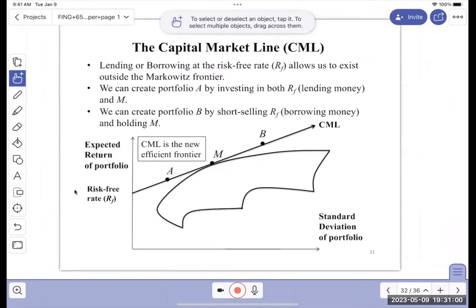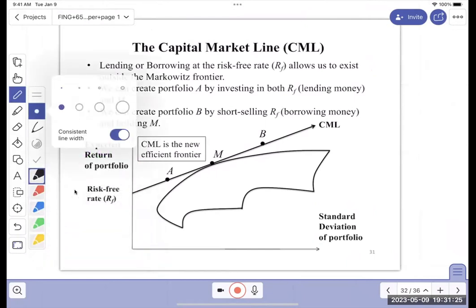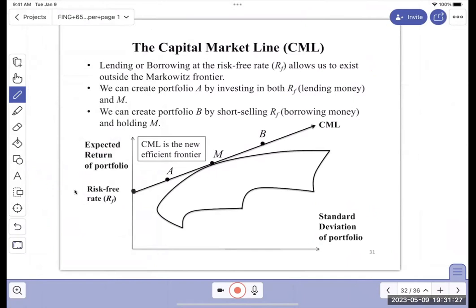So we've assumed that lending and borrowing can take place at the risk-free rate. Here I've plotted the standard deviation of the portfolio as a measure of risk, the expected return of the portfolio as a measure of return, and I plot here the risk-free rate.